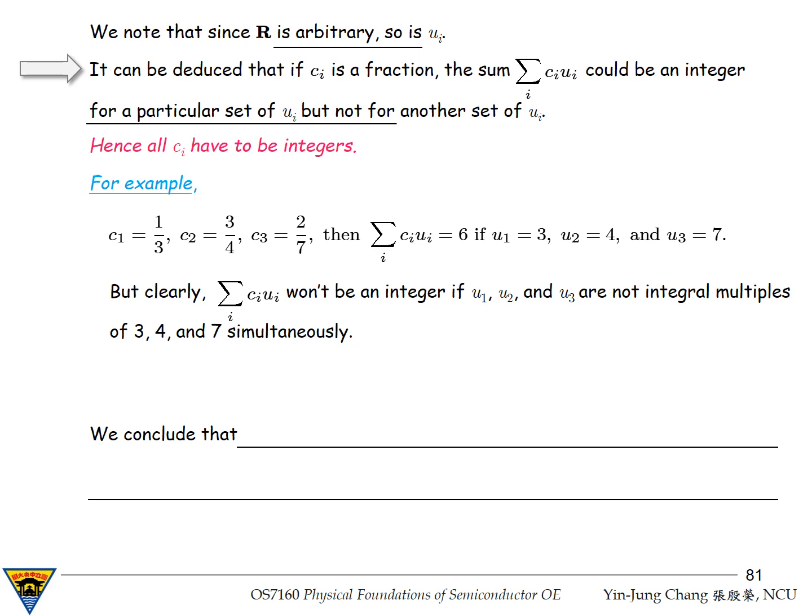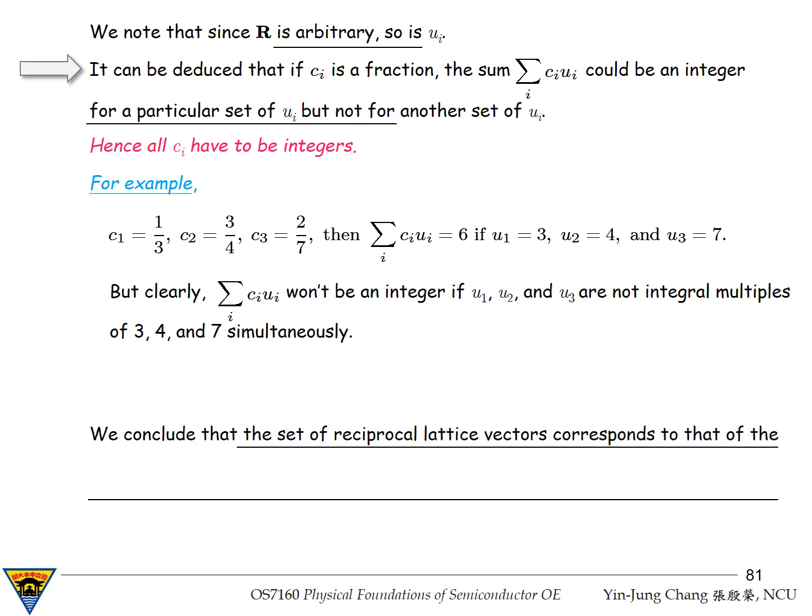Therefore, such fractional coefficients are not allowed. Hence, the only way for the sum over i of c_i u_i to be an integer for all integer values of u1, u2, and u3 is for all the coefficients c1, c2, and c3 themselves to be integers.